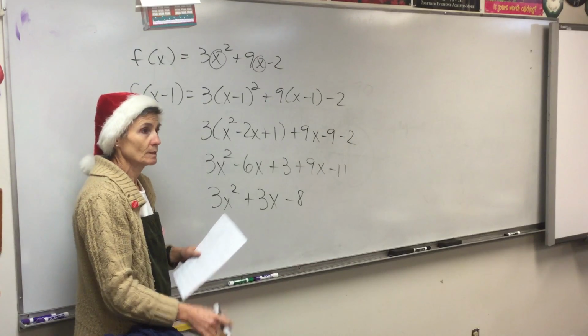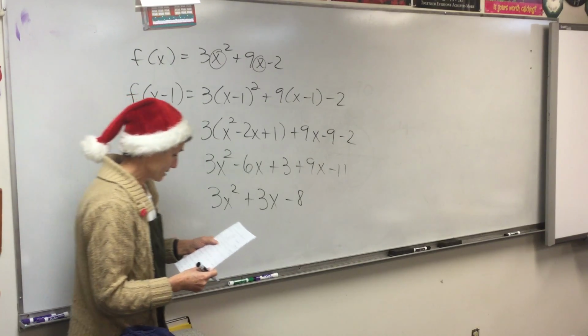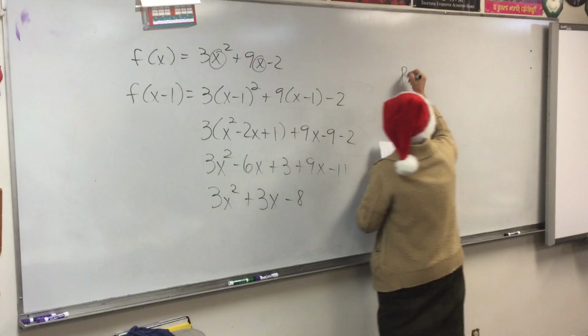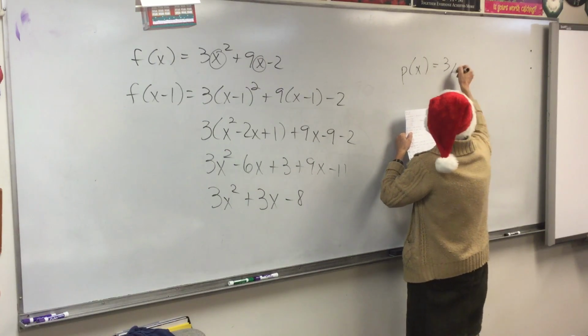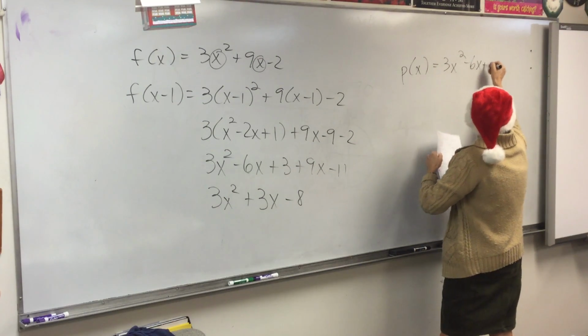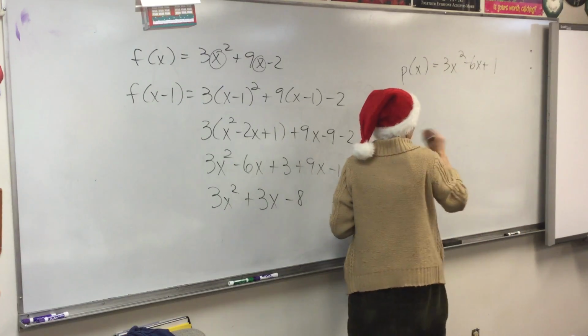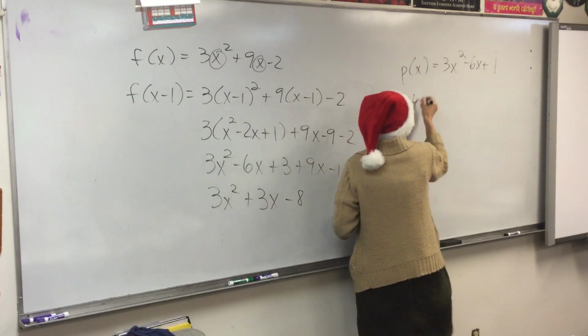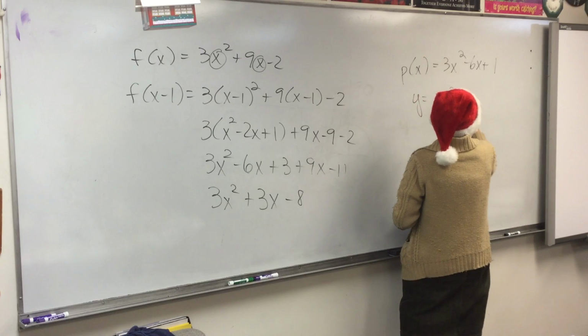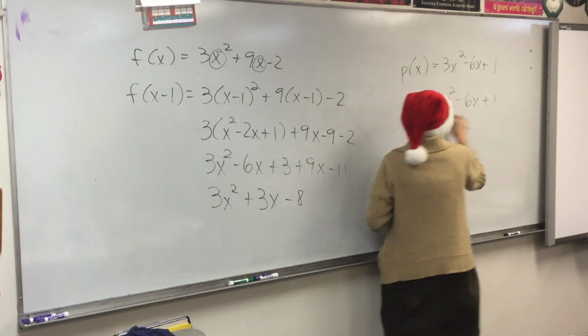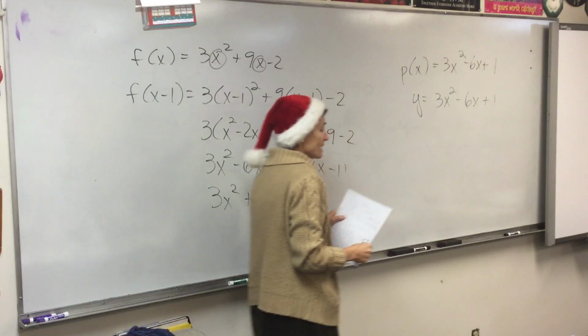Is that okay? All right, next, find the vertex. Now, the vertex, okay, this is a parabola, and you are most used to seeing a parabola written like this, but remember, p of x and y are the same thing.